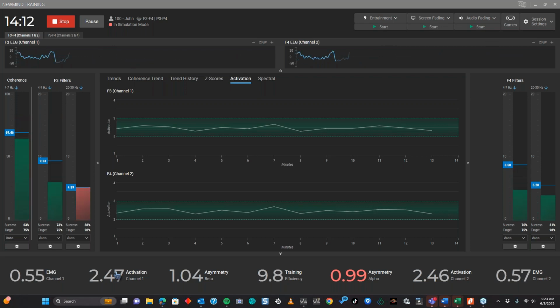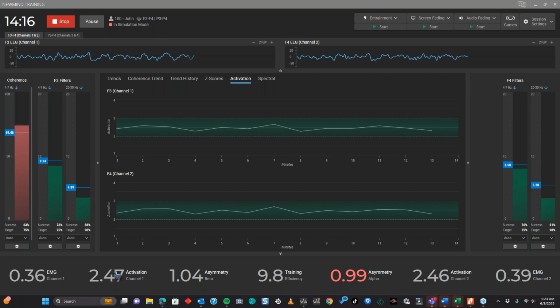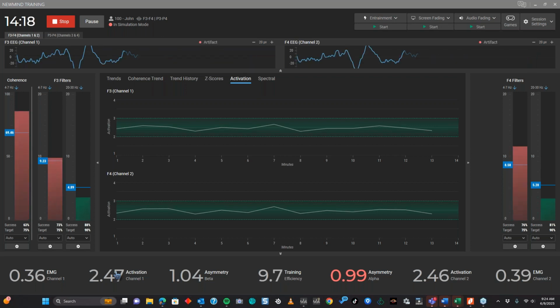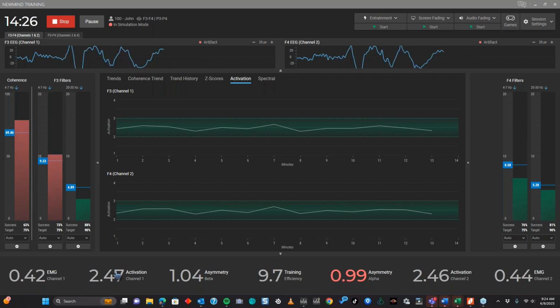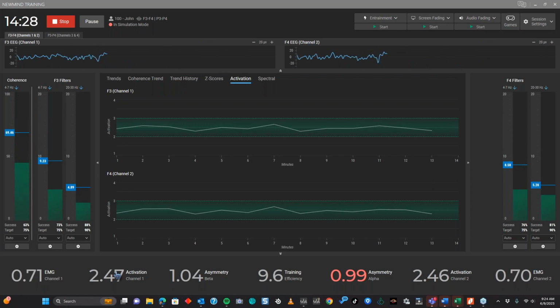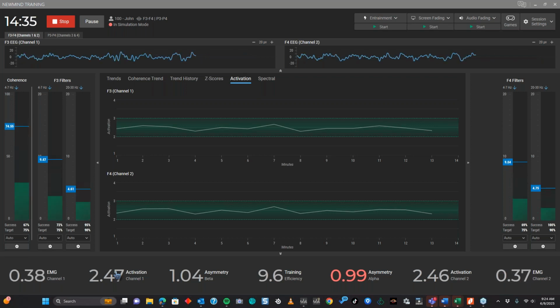I'll throw in another piece of useful information. If you have a map with elevated delta, theta, and alpha waves, take C3, C4 as an example. You notice on the map that C3, C4 delta is yellow, C3, C4 theta is yellow, but C3, C4 alpha is red.